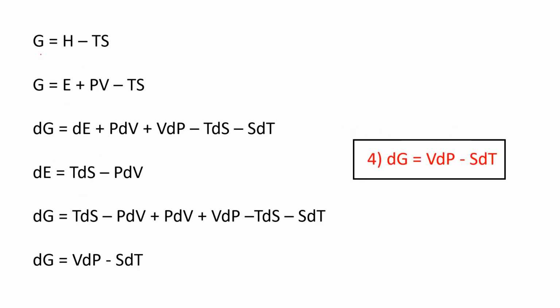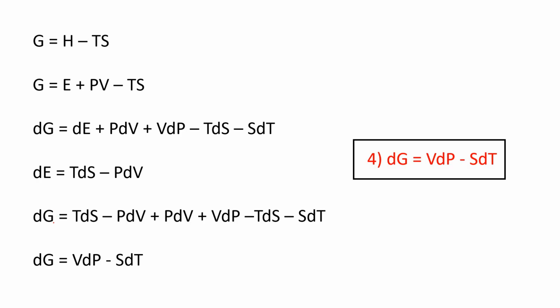Now coming to the fourth one, which involves the Gibbs free energy function. We know G is equal to H minus TS. Again, H is equal to E plus PV, so G is equal to E plus PV minus TS. Now we take the complete derivative. So dG will be equal to dE plus PdV plus VdP minus TdS minus SdT, by the same rule: first function differentiation of the second plus second function differentiation of the first. Again, dE is equal to TdS minus PdV, and we put it in place of dE.